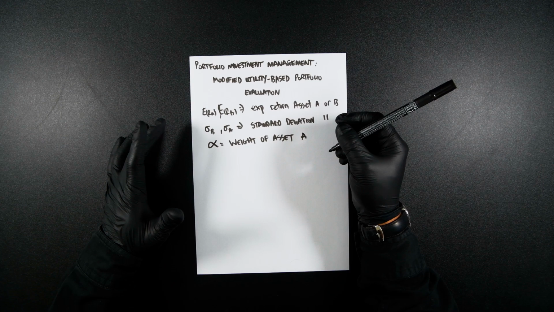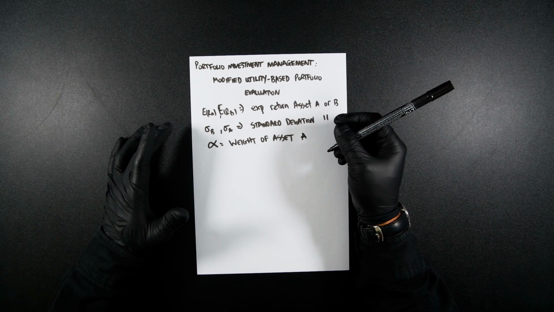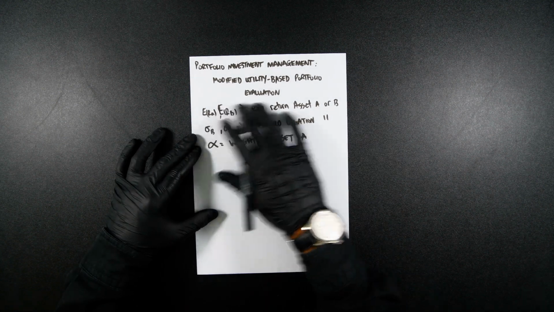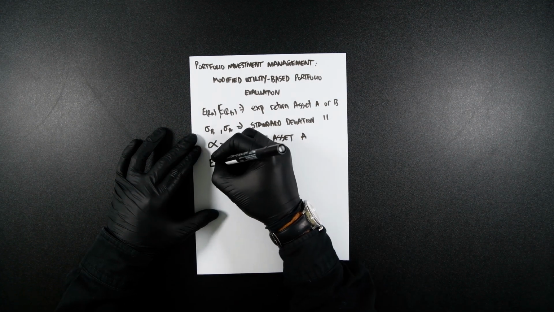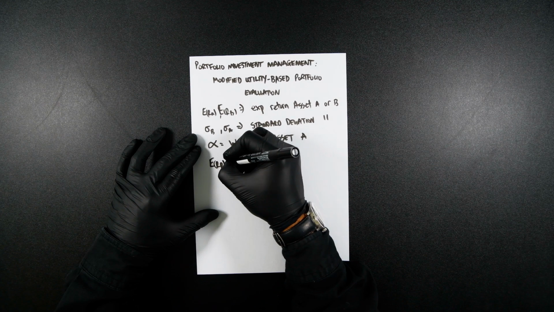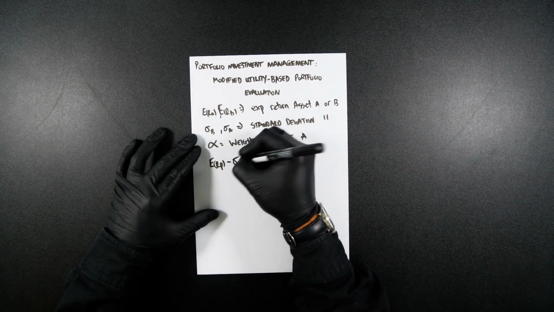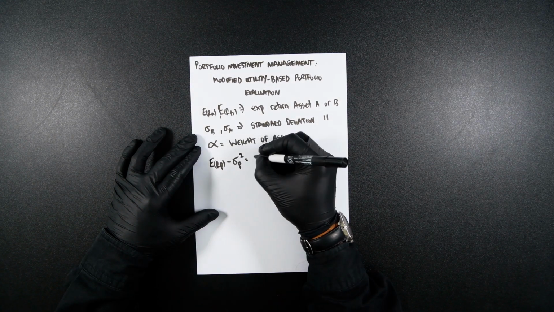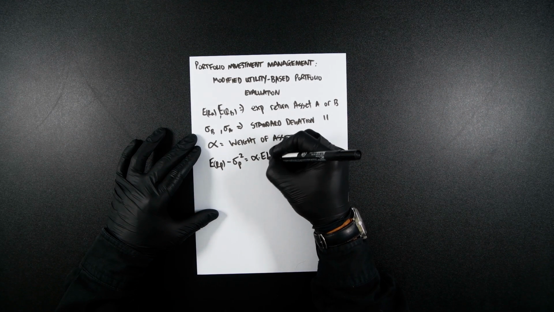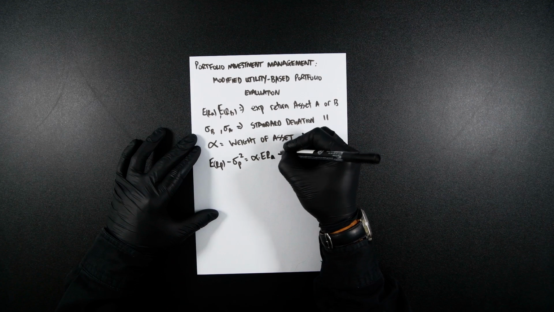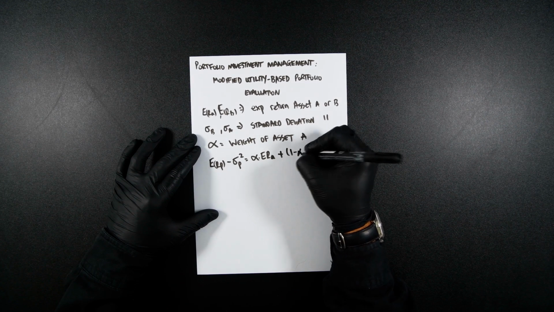So let's now create our ridiculous formula for calculating this. So it's going to be ERP minus sigma P squared, which would be reverse fish ERA plus 1 minus reverse fish.